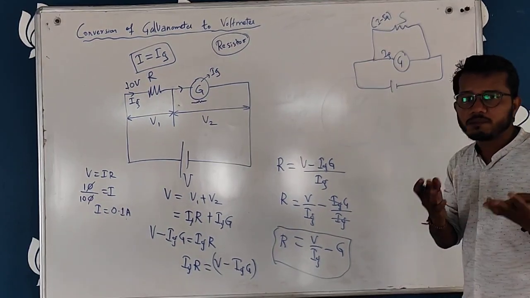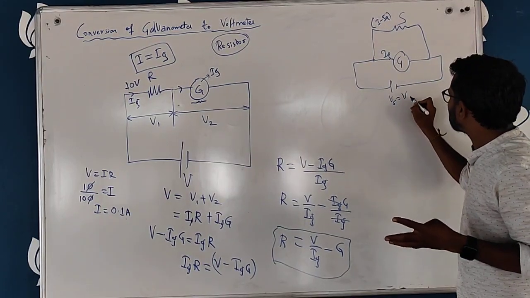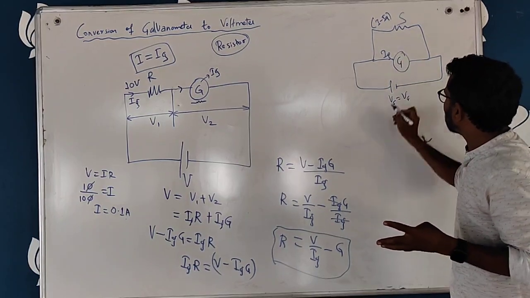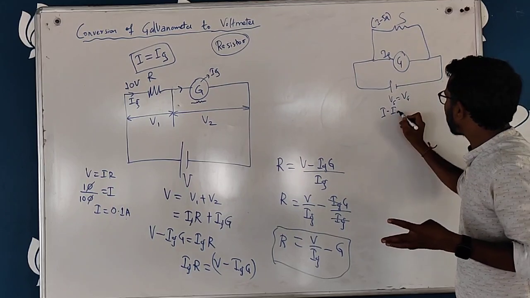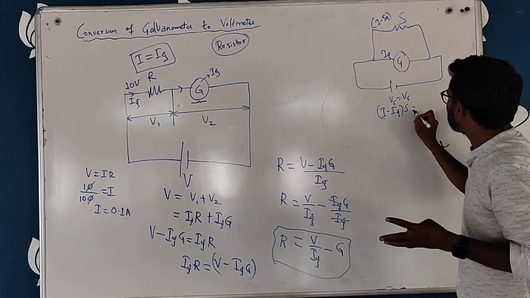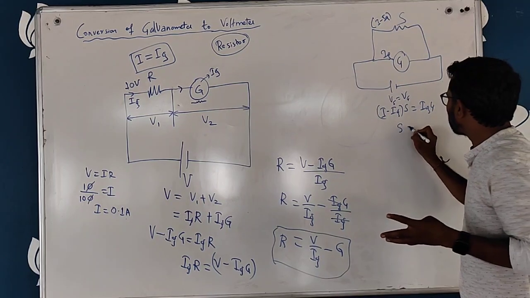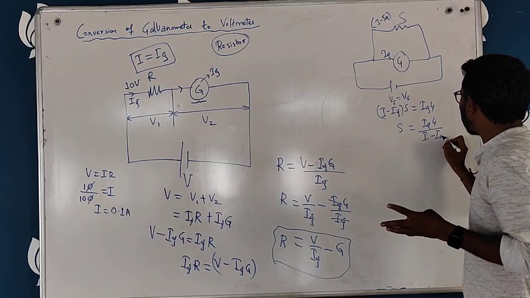So no need to mug up the equation. With Ohm's law, I can write (I minus Ig) times S equals Ig times G. So S becomes Ig G divided by I minus Ig.